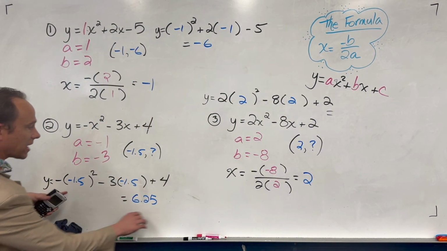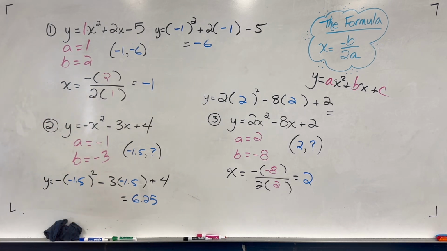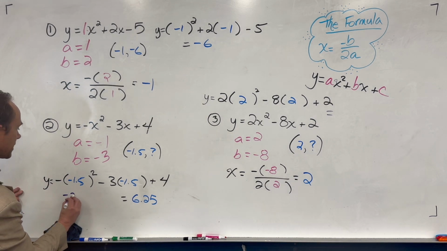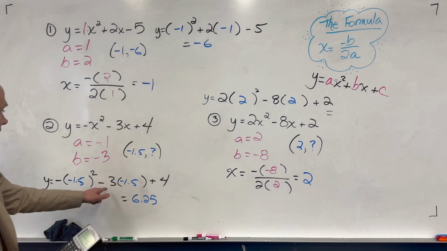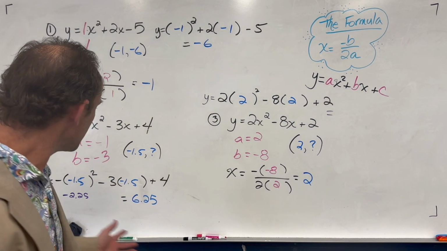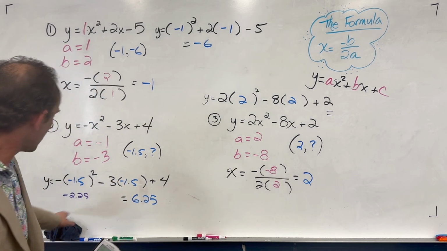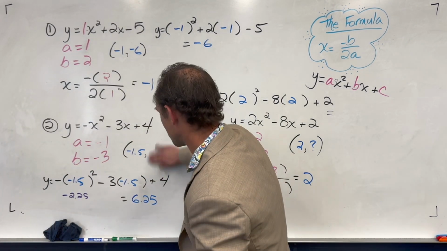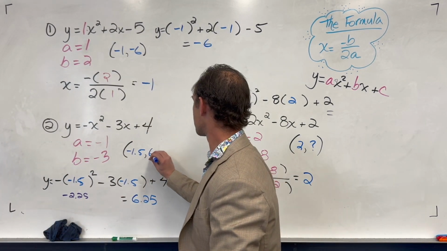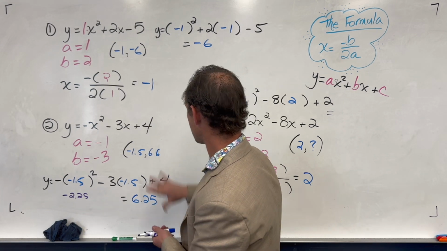This value over here should be -2.25. Then you're going to add 3 times 1.5, because negative times a negative is positive. And then you're going to add 4, and you should get to 6.625. All right? Beautiful. Or 6.25.